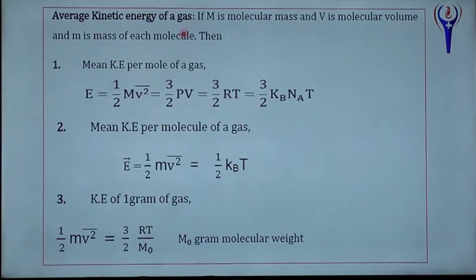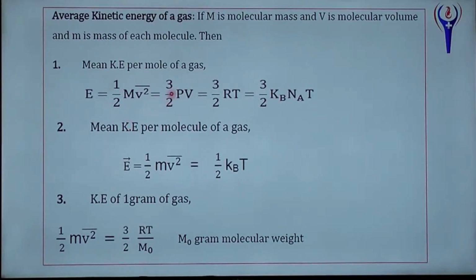Average kinetic energy of a gas. If M is the molecular mass and V is the molecular volume and small m is the mass of each molecule, then mean kinetic energy per mole of a gas equal to half M v square.